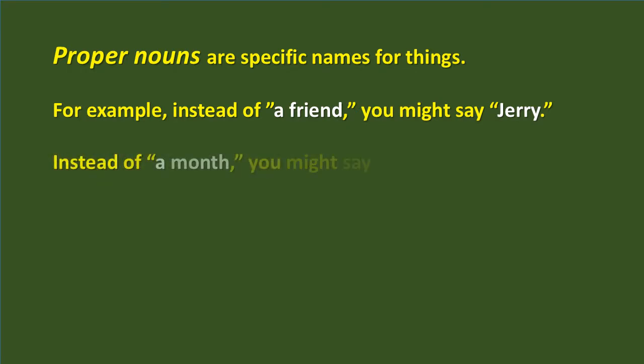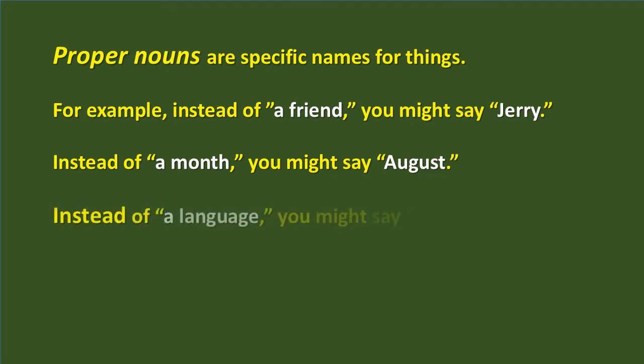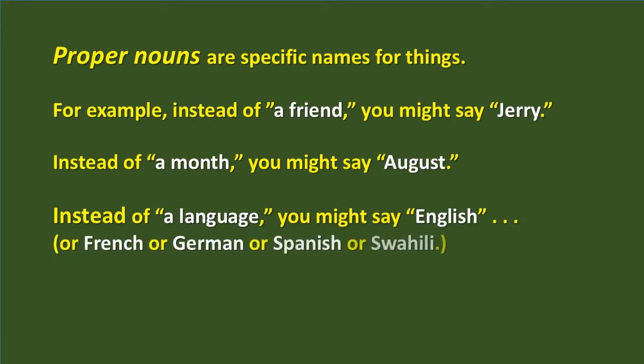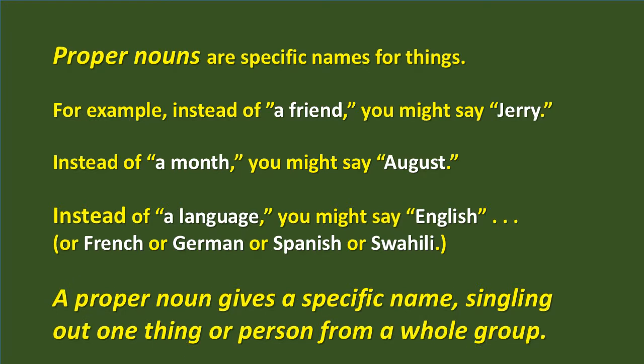Instead of a month, you might say August. Instead of a language, you might say English, or French, or German, or Spanish, or Swahili. A proper noun gives a specific name, singling out one thing or person from a whole group.